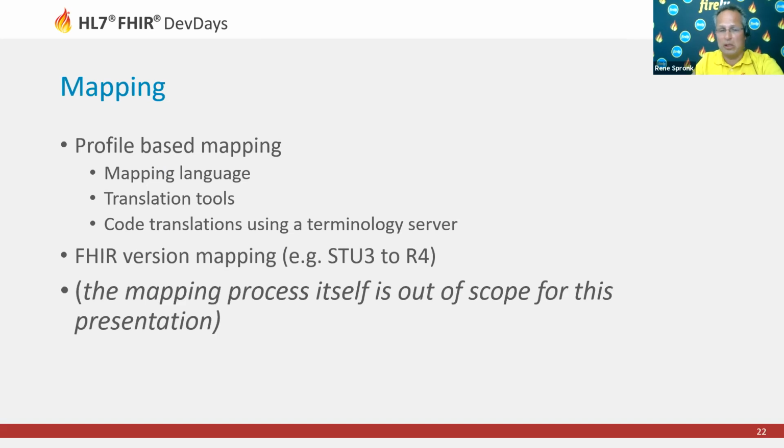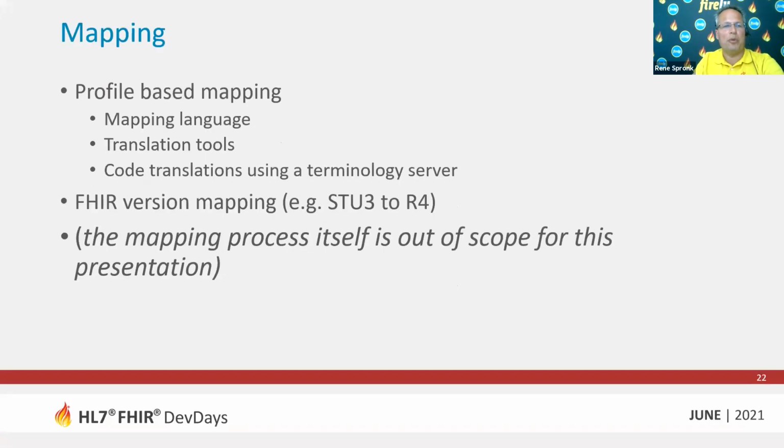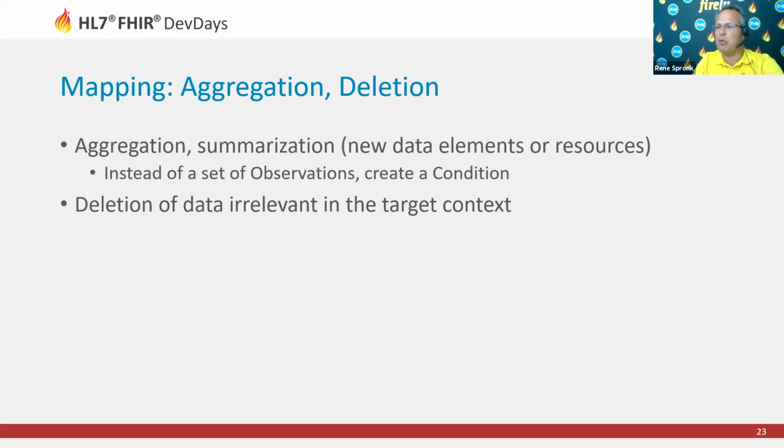And you can certainly use one of those. Most of them support FHIR nowadays. And well, mapping can also be code translation. I mentioned going from LOINC to SNOMED, for example. And that's part of your mapping process as well. But mapping is a bit out of scope for this presentation. But yes, you will have to do mapping.